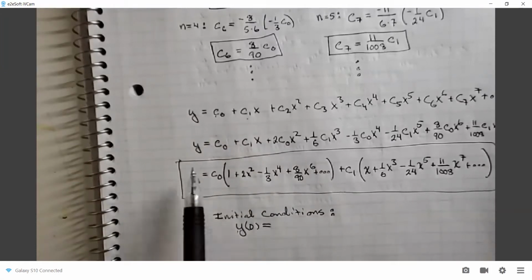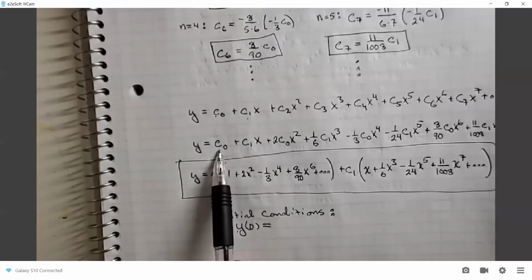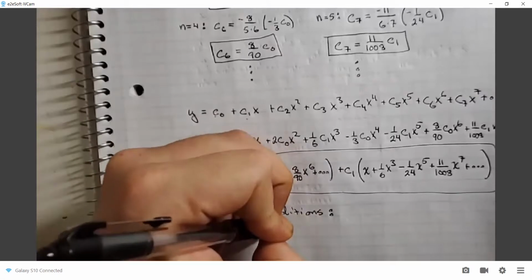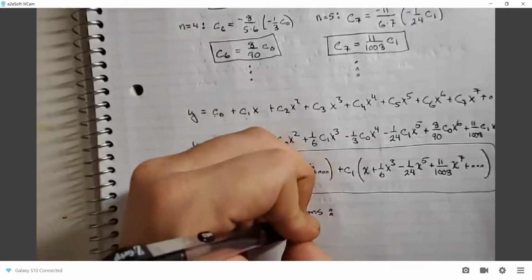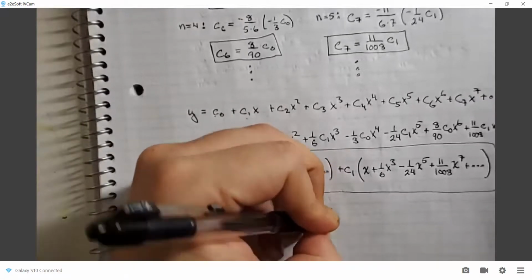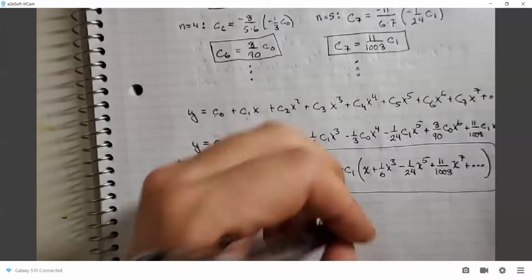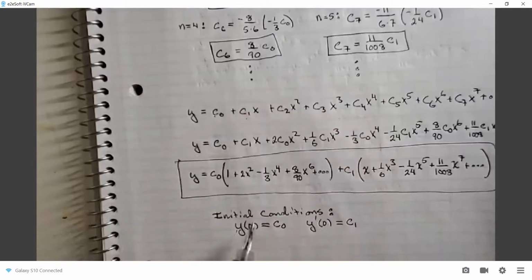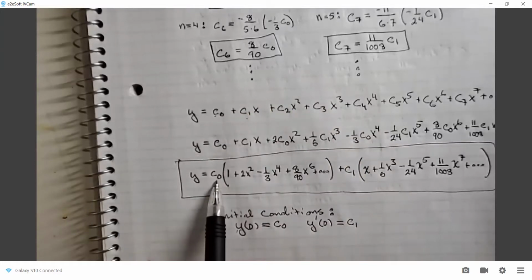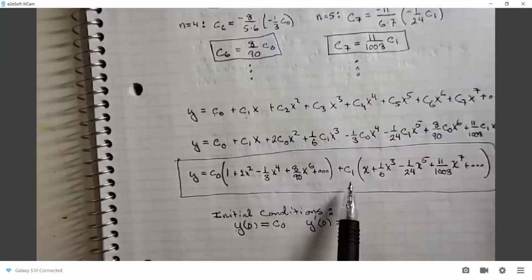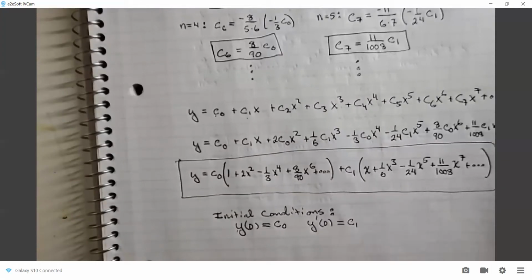C0. And then what's y prime of 0? C1. So basically this could be written as whatever y of 0 is times this chunk, plus whatever y prime of 0 is times this chunk.